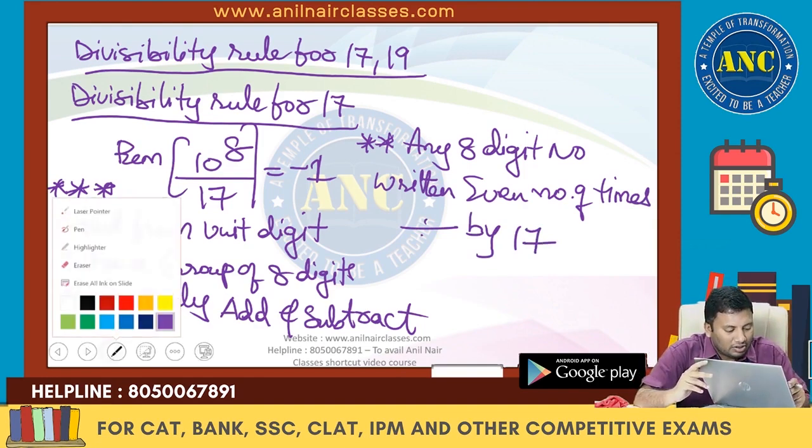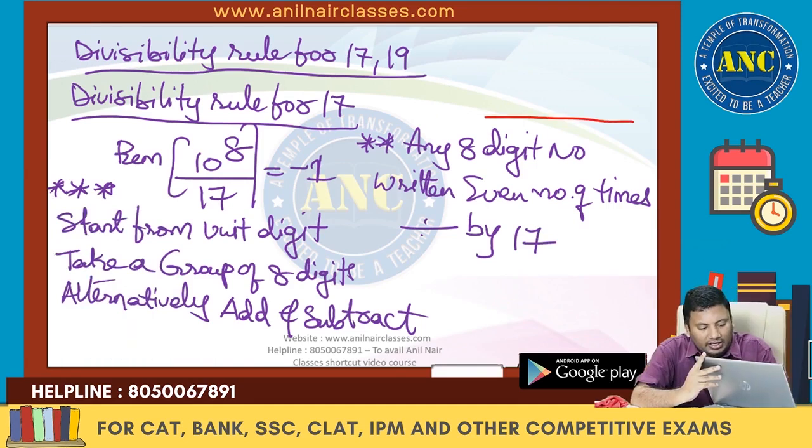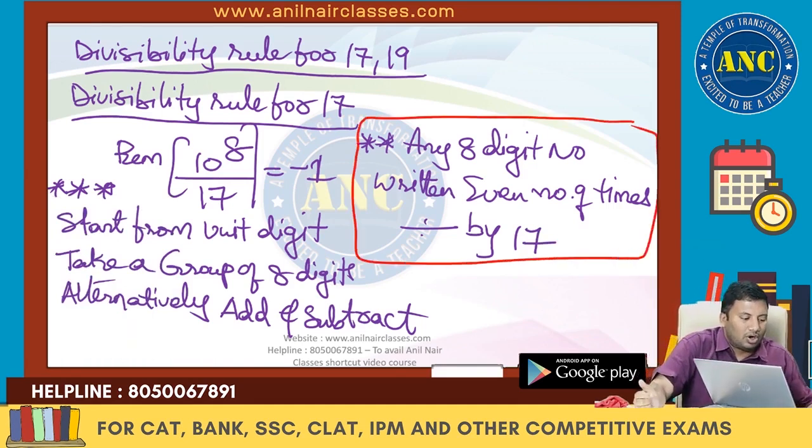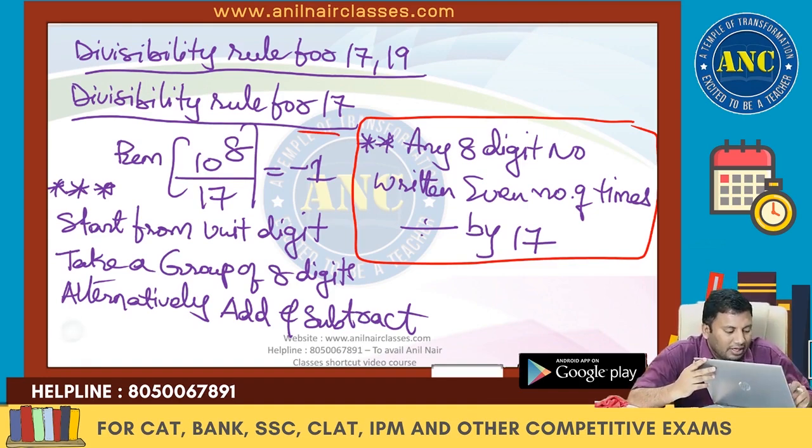Please write down this point. If an 8-digit number is written even number of times, that means it is divisible by 17.